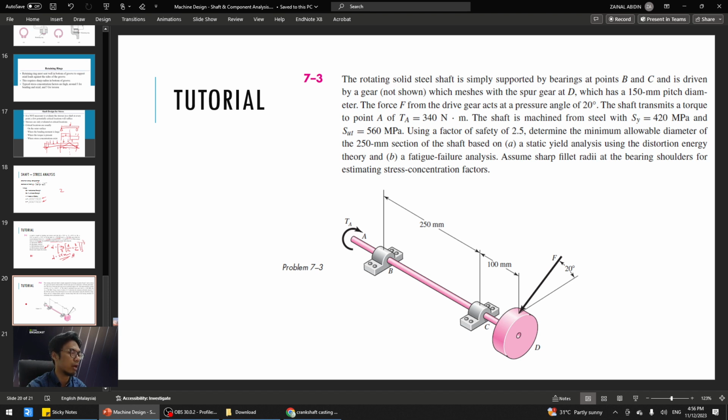For example, if you have like this, you need to draw moment diagram, you need to draw a stress diagram macam ni lah.